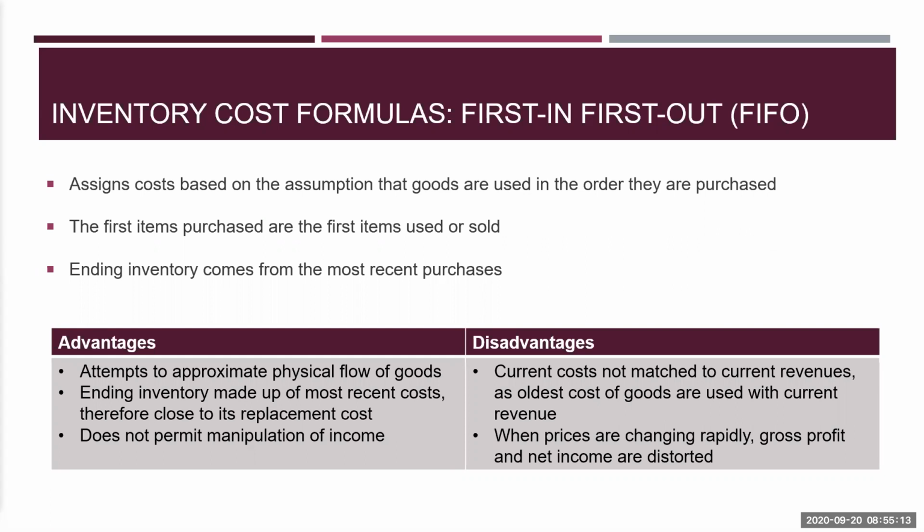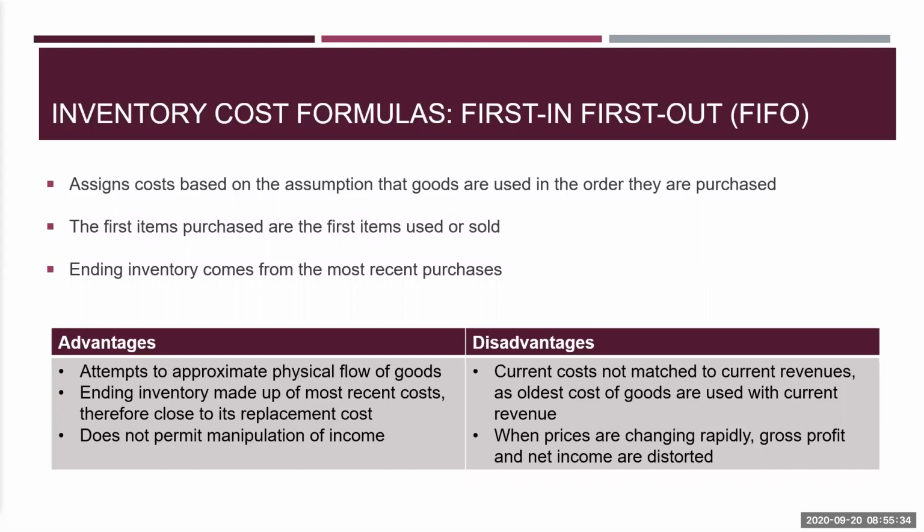In this case, we will maintain our purchases separately, following first in, first out. This also means that whatever was purchased last is still sitting in your ending inventory, if you have any. So your most recent purchases are part of your ending inventory.